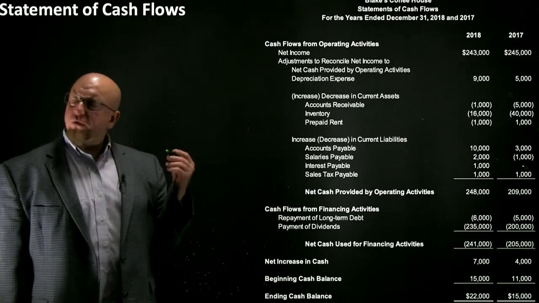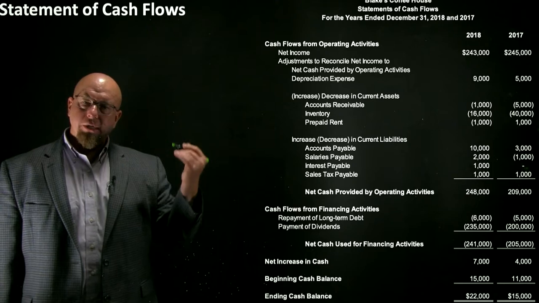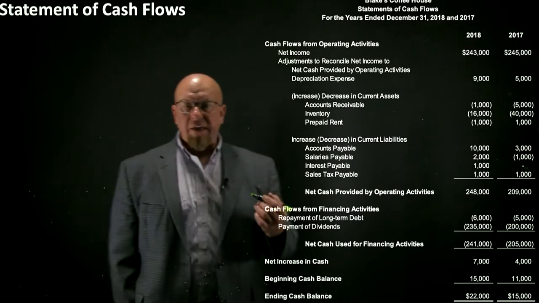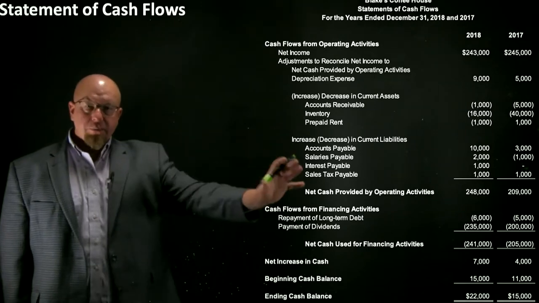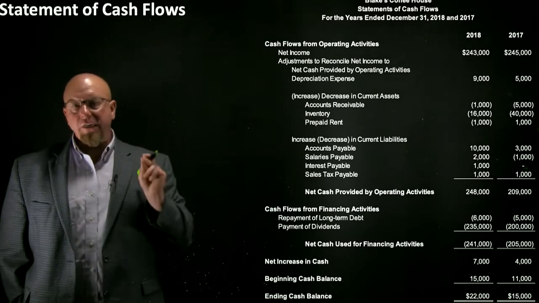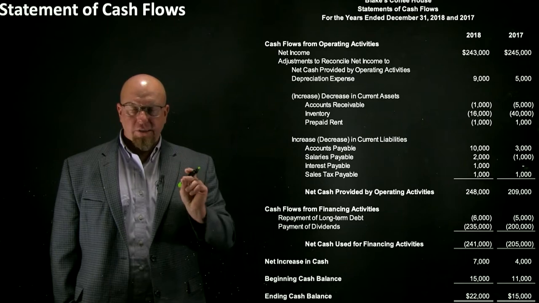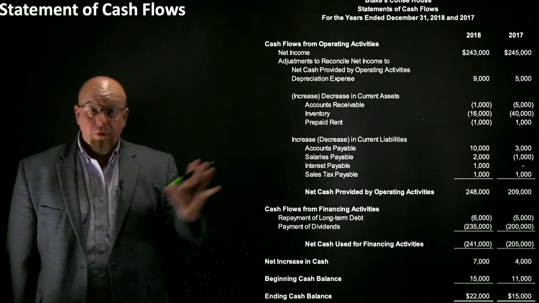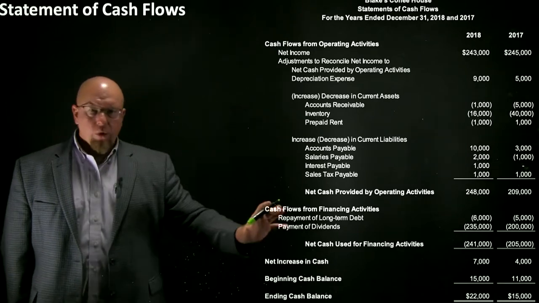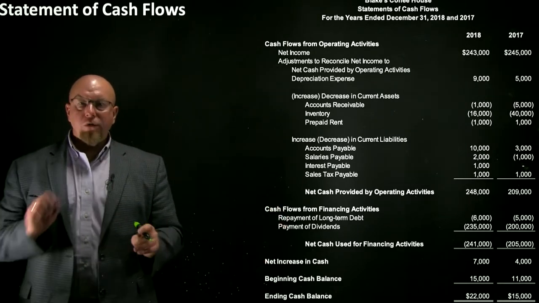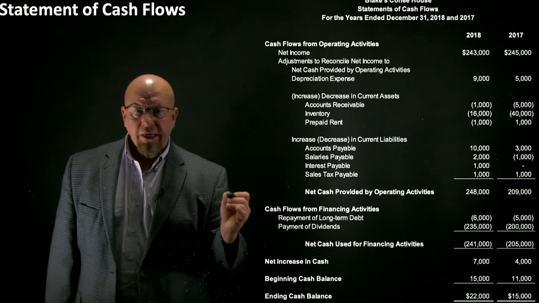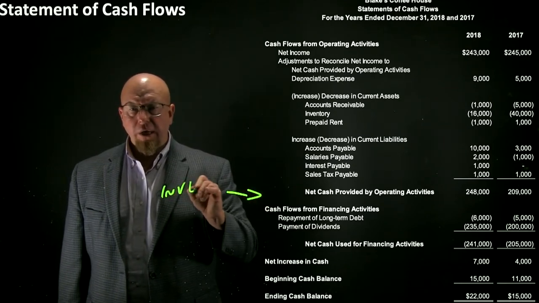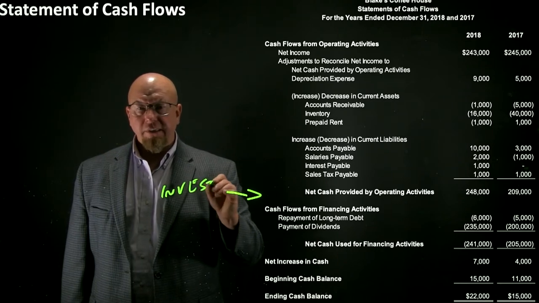Now, remember those three basic activities: operating, investing, and financing. The statement of cash flows is divided into those three categories. In this particular example, I did not include an investing section. And I did that simply to keep it simple and to make it fit onto one slide right here. Most businesses would have an investing section that would be right in here in between operating and financing.